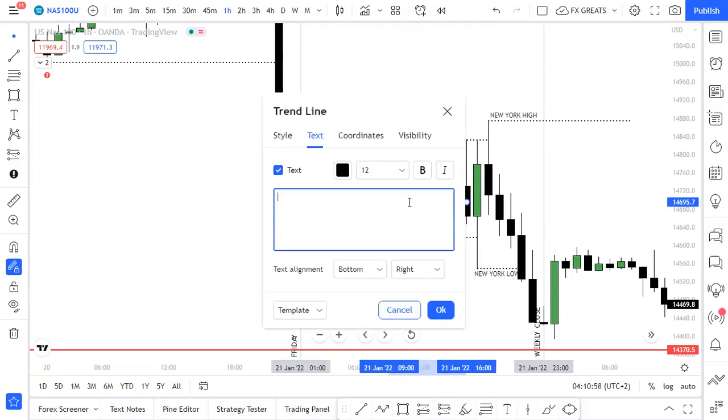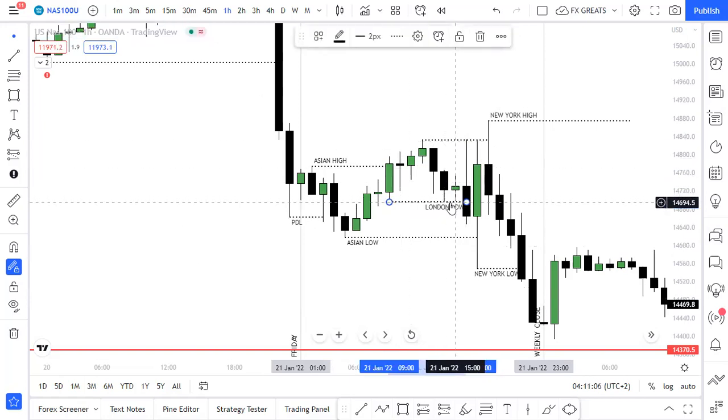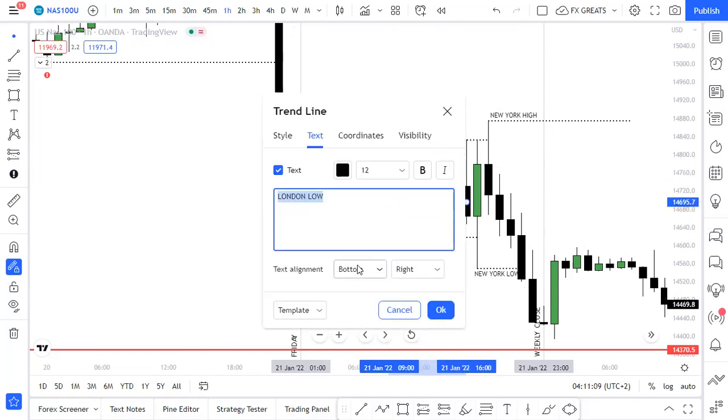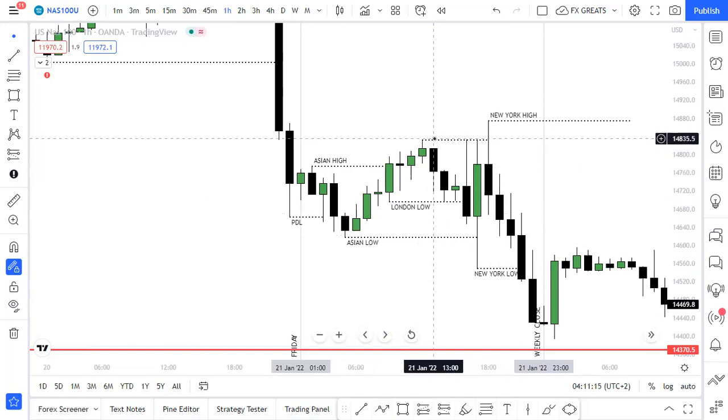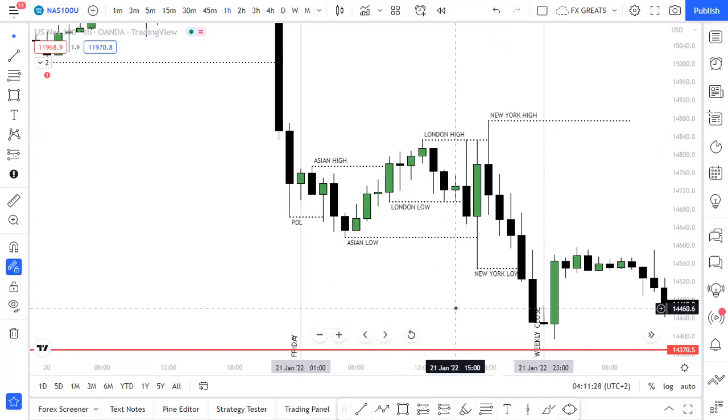Okay. This was the London low. Then go left. This is the London high. Yeah, bottom, go left. Yeah, go on top.